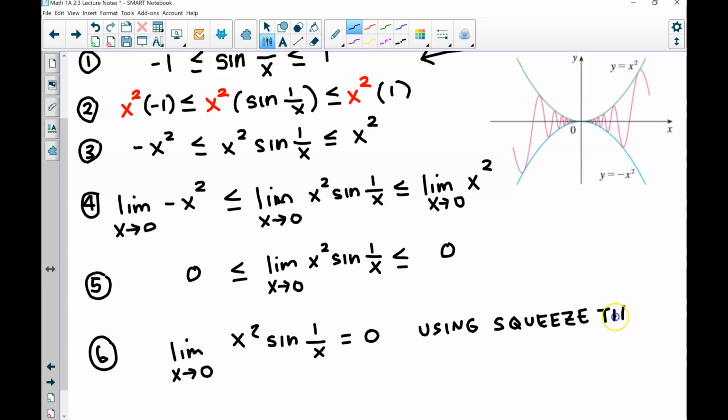Now again, when you're proving that, you need to show it like we just did by using the inequalities so that you are able to prove that you're using the squeeze theorem.